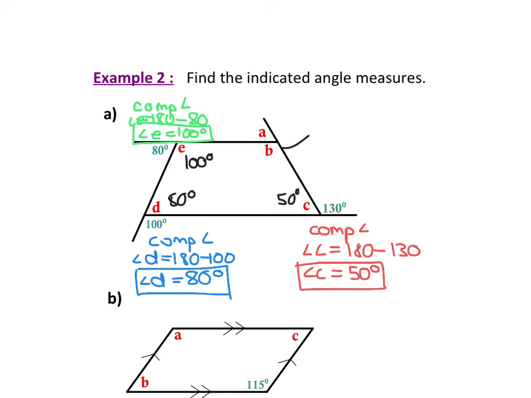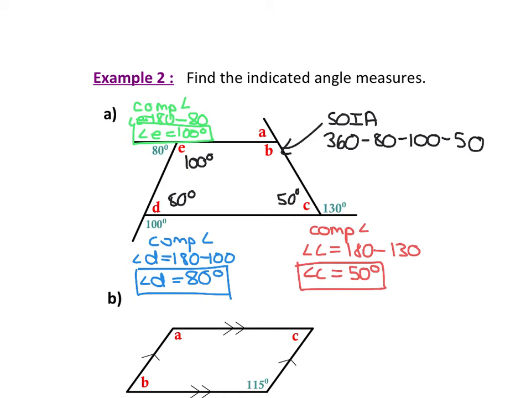So if I wanted to find out B, I would do the sum of the interior angles, okay? And I know for quadrilateral, they add up to 360 degrees. So now I would subtract all of my values here.